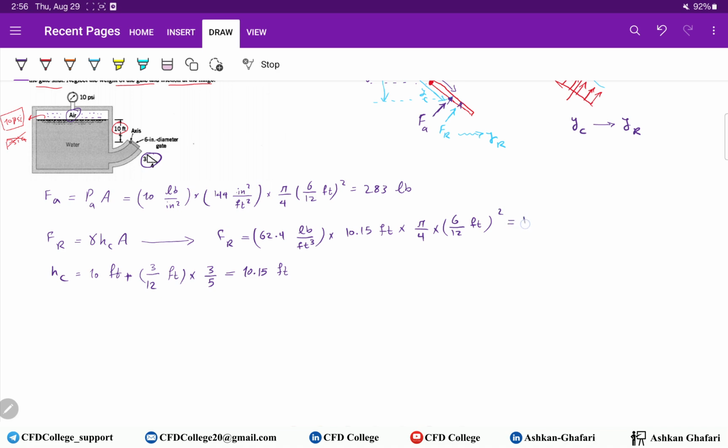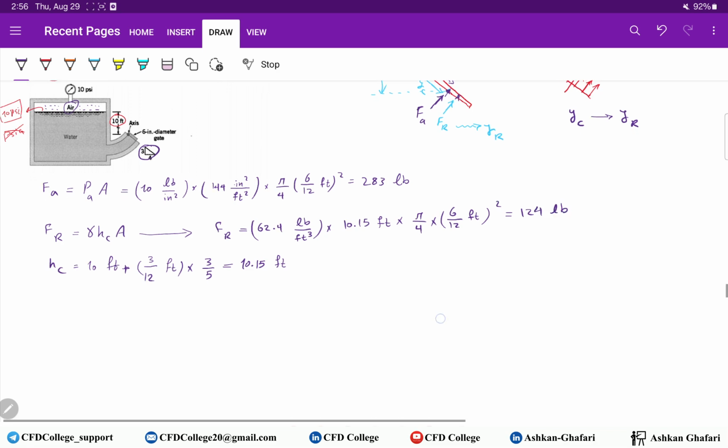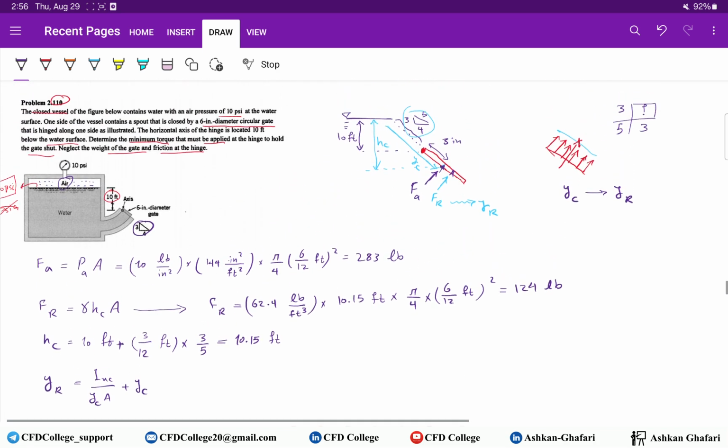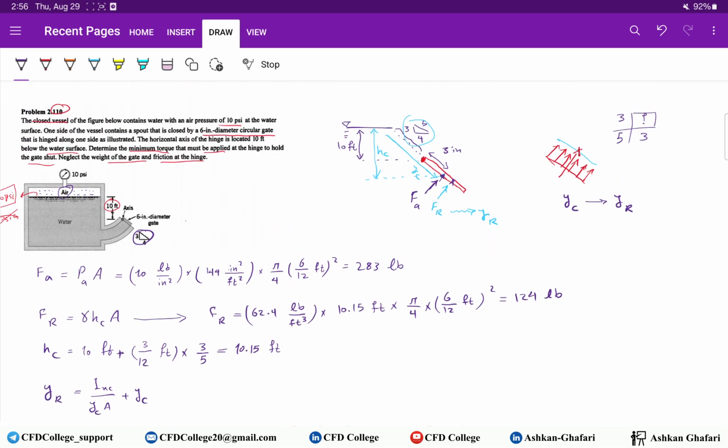So FR equals 124 pounds. Now YR equals IXC over YC times A plus YC. We have HC and we can find YC.